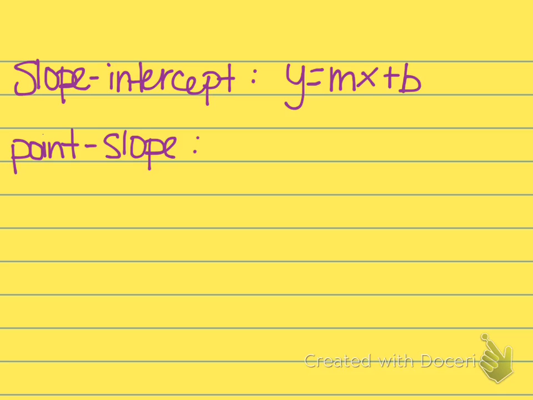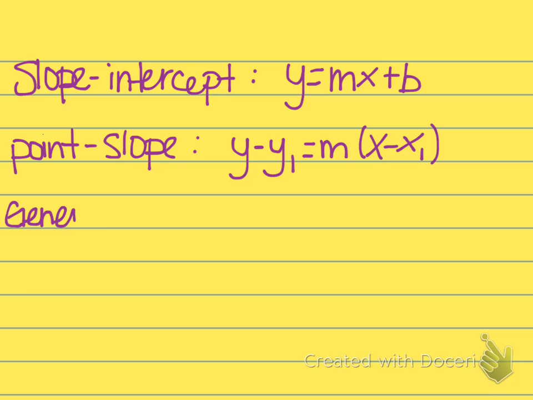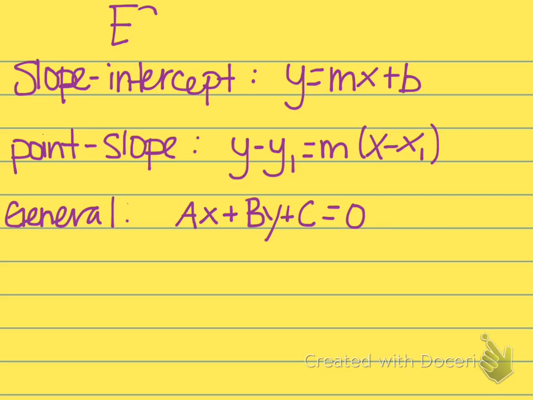And that was y minus y1 equals m times x minus x1. And the last one is the general form. And that one was ax plus by plus c equals 0. And the a, b, and the c really don't stand for anything all that important. Now, like we said, the general form we're going to use the least. The point slope and the slope-intercept are our most important equations of a line.